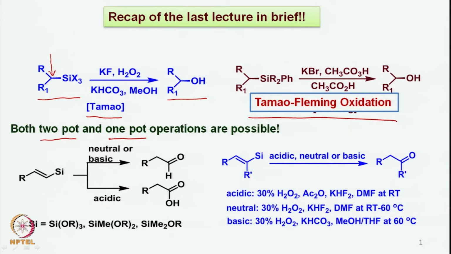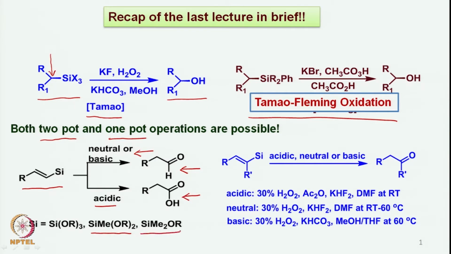Both are important, and in a similar fashion, when we had the alkynyl silane like this, we discussed towards the end that if we have neutral or basic condition like this, and it is a disubstituted olefin, then we can get the corresponding aldehyde, or if it is under acidic condition like this, then we can get the corresponding acid, provided that the silicon has substitutions like this.